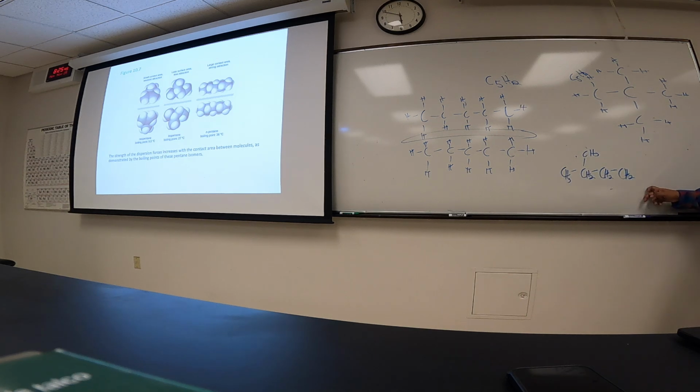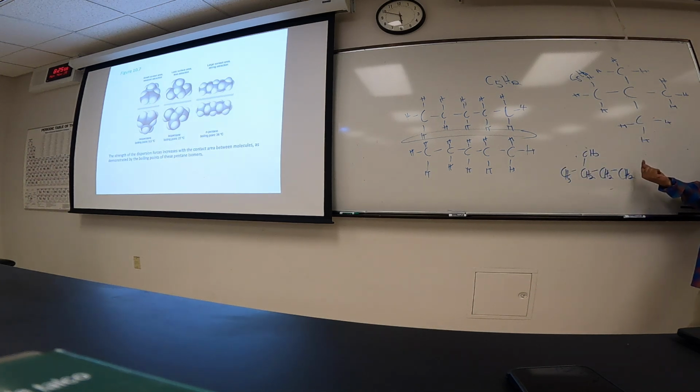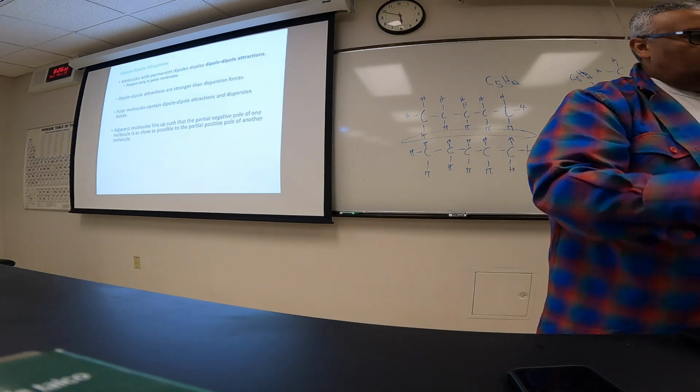So this has reduced that surface area by 1 carbon, and on top of that, this is kind of in the way, and blocks anything over here from completely bonding with those dispersion forces. So this minimizes that. But then we get this structure here, which really minimizes. Maybe we can get another one over here, but because of the reduced surface area, this would be the weakest dispersion force, even though they're all 5 carbons, 12 hydrogens, and have the same molar mass. The shape of these can also affect those dispersion forces.